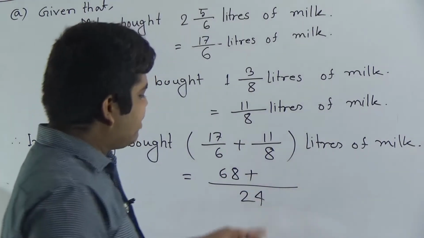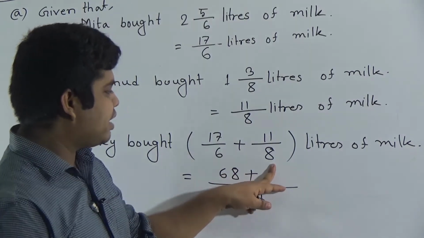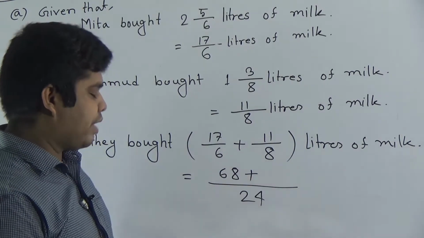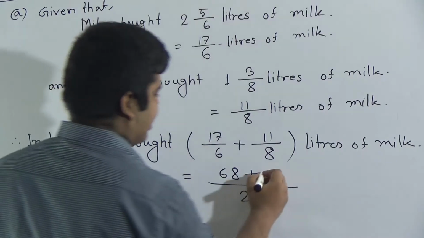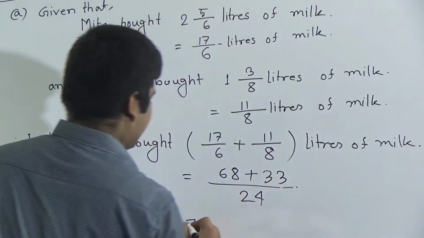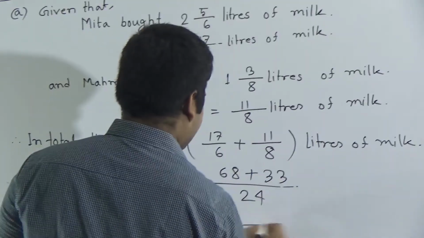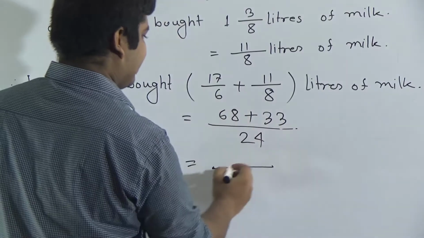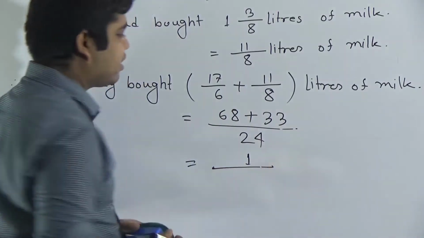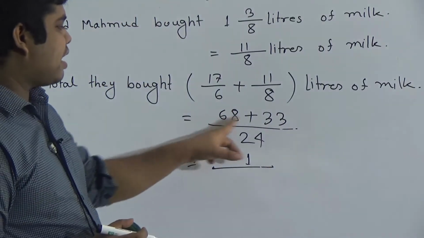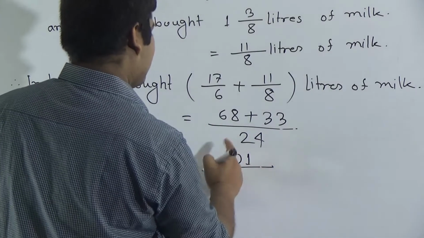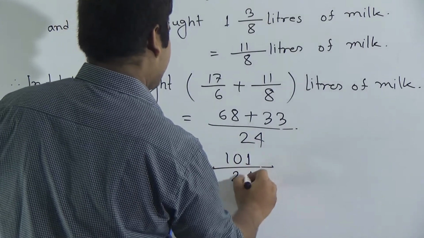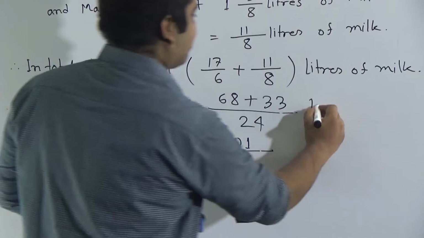Now we divide 24 by this 8. We get 3. 3 is multiplied with this 11 and we get 33. Now we add: 68 plus 33, 8 and 3 we get 11, carrying 1, 6 and 3 is 9 and 1 is 10. So 101/24 liters of milk.